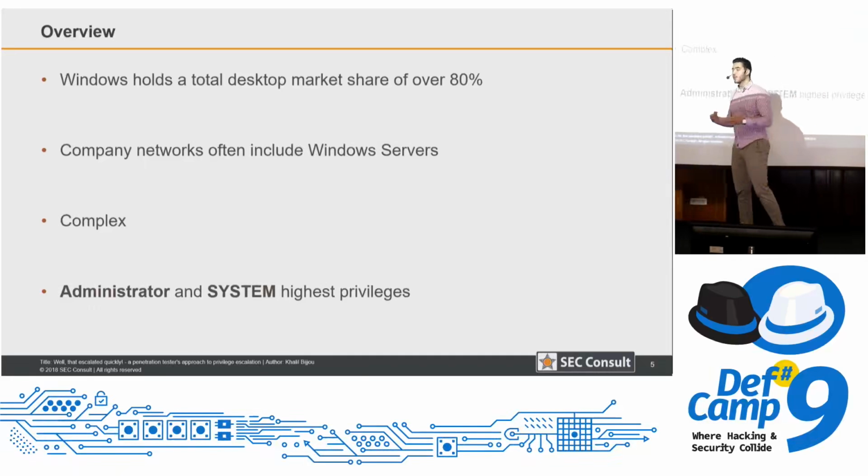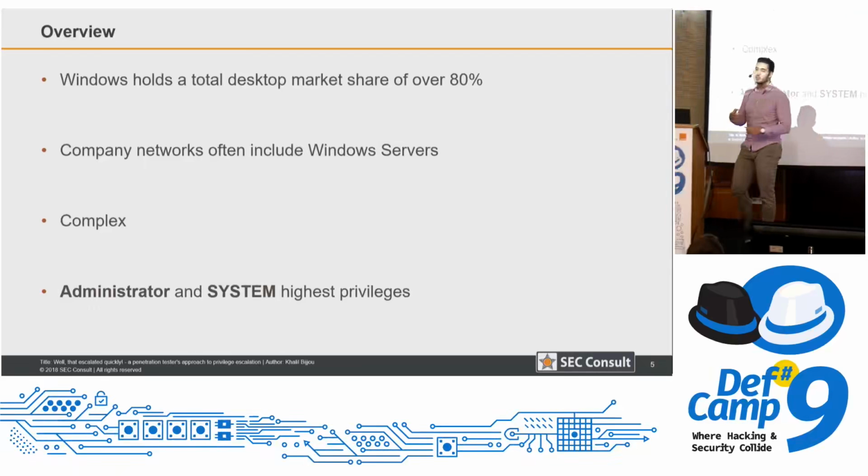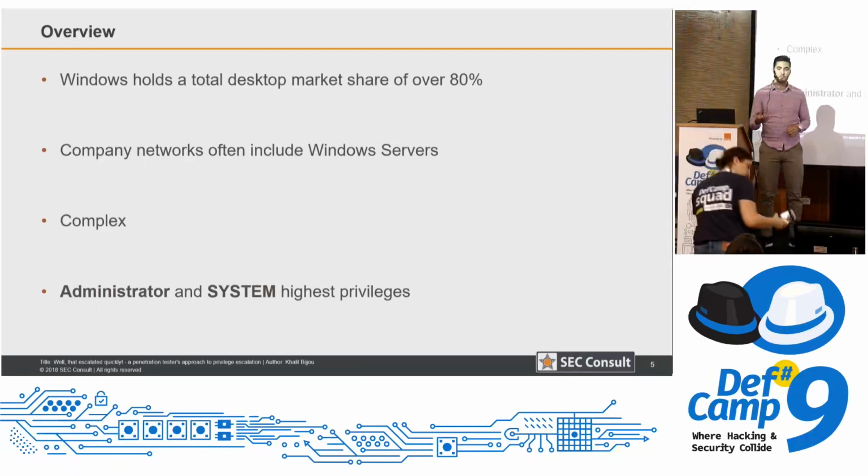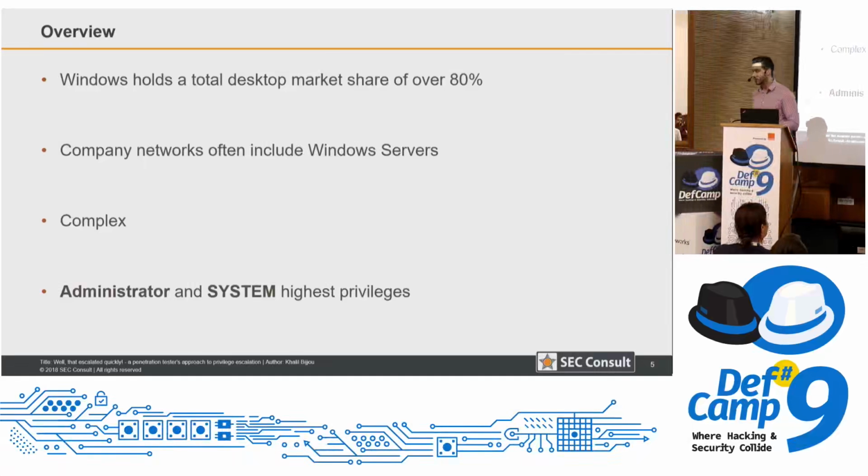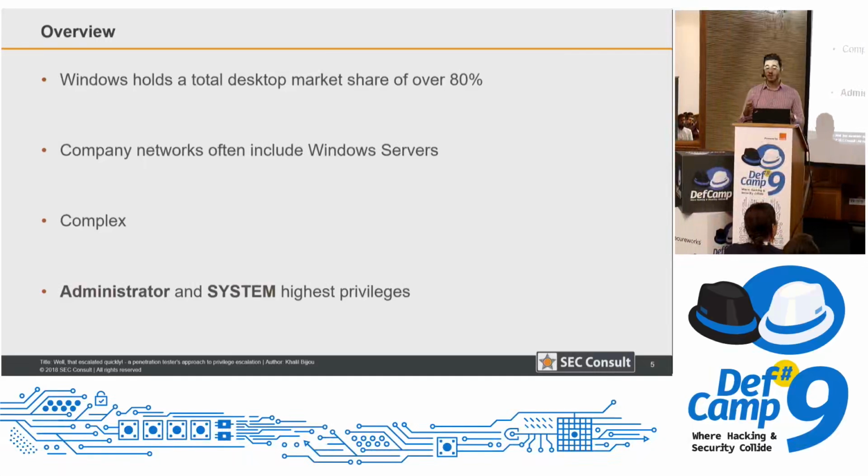And also, in company networks, we find more and more Windows servers. Windows itself is complex. So it's an operating system that's old, that's long on the market. Many vulnerabilities have been found, and many vulnerabilities have been patched. And this all together adds into the complexity of Windows systems.